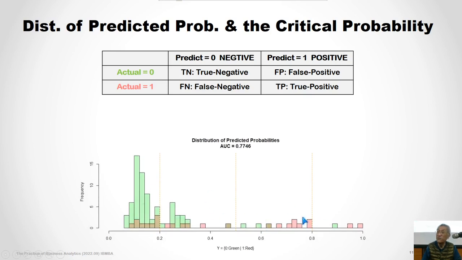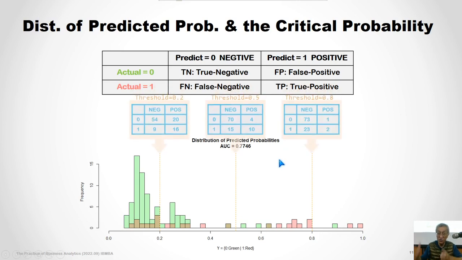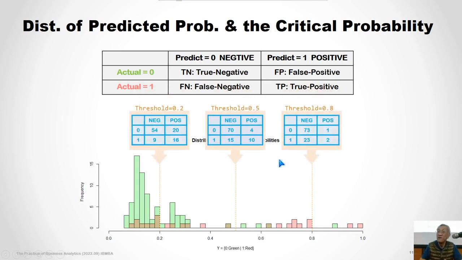This is the result of prediction, and only from the result of prediction you cannot have a confusion matrix. You need to set a threshold. The problem is that when the threshold changes, the contents of the confusion matrix also change. That is the thing that makes things complicated.